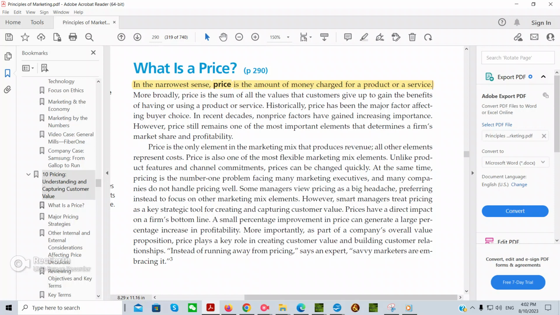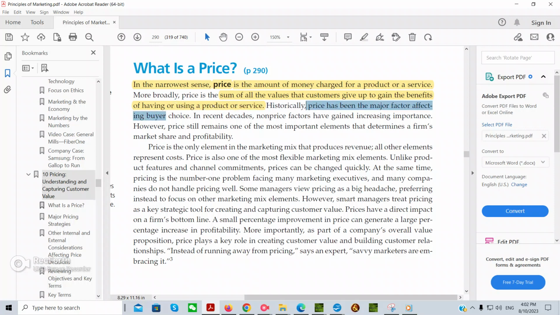More broadly, price is the sum of all the values that customers give up to gain the benefits of having or using a product or service. That's what I'm saying. Historically, price has been a major factor affecting buyer choice.